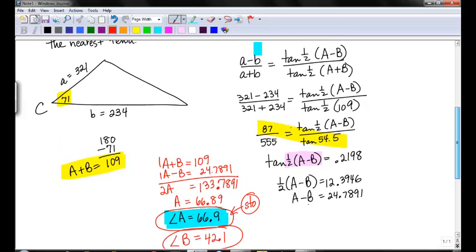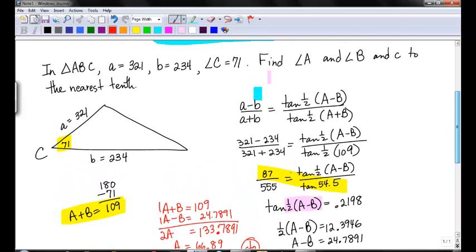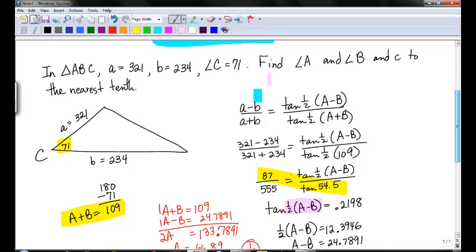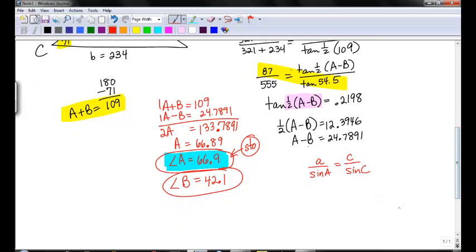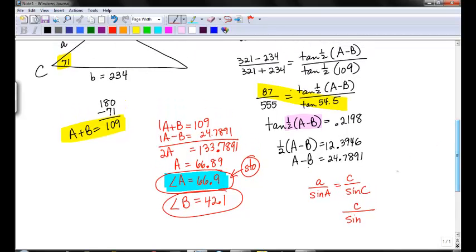Now what are we missing? Side C. So now we need side C, and that's where we're going to use the law of sines. So A over the sine of A equals C over the sine of C. C we don't know. Angle C was 71.